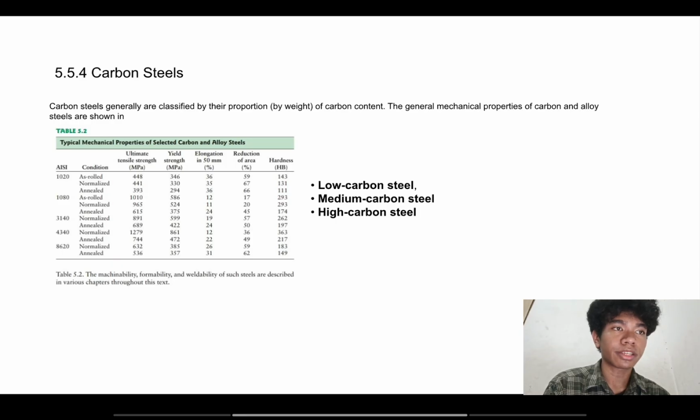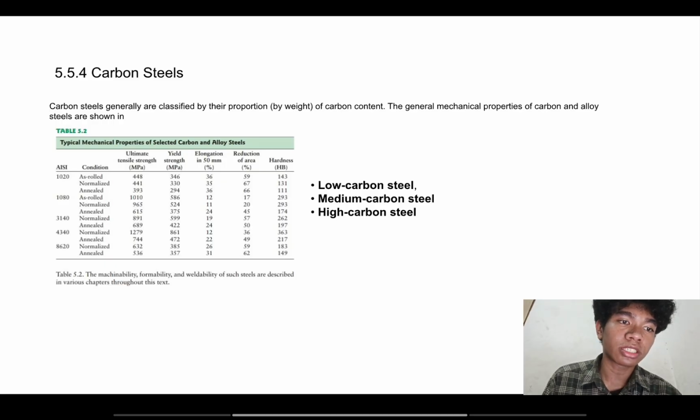So next, for carbon steel, there is table 5.2. The machinability, formability, and weldability of such steels are described in various chapters throughout this text, and it results in three types of carbon steel: low carbon steel, medium carbon steel, and high carbon steel.